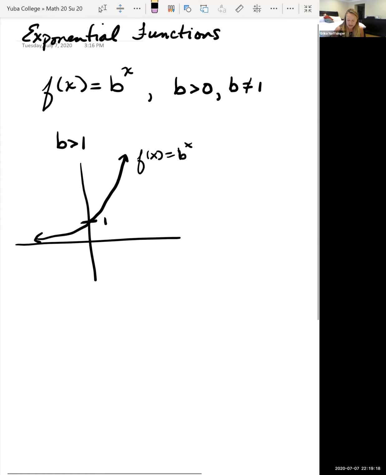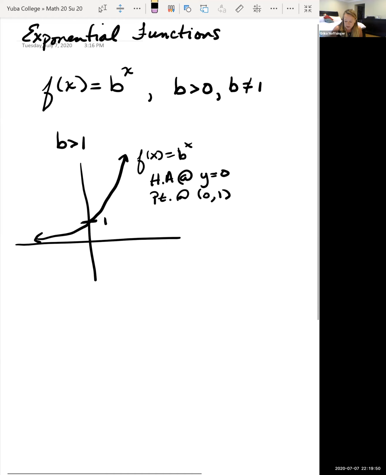And notice that there's no value that you can plug in for x to get this y value to be 0. Any number you choose, positive or negative, your y value is always going to be positive and it's never going to hit 0. And so this graph, we have a horizontal asymptote at the line y equals 0. We have a point at 0, 1.